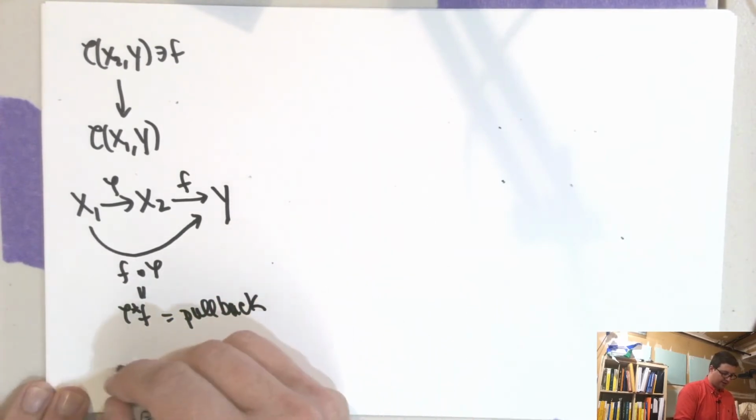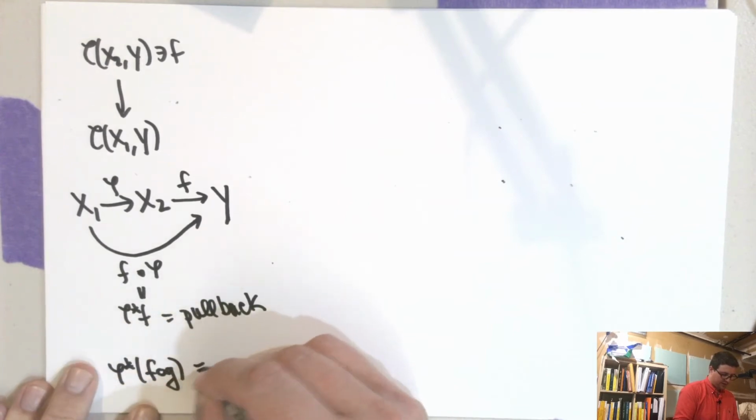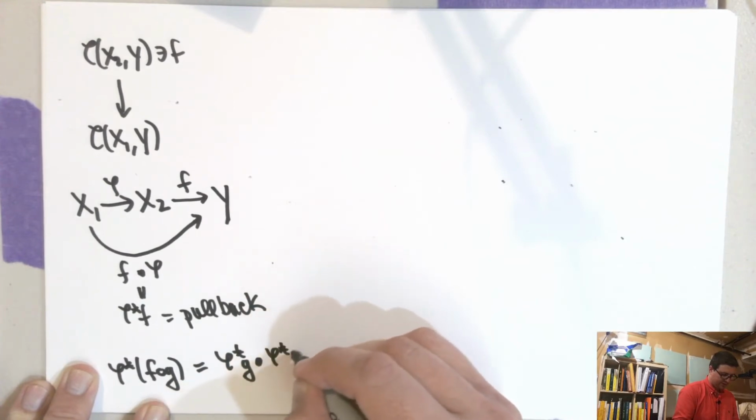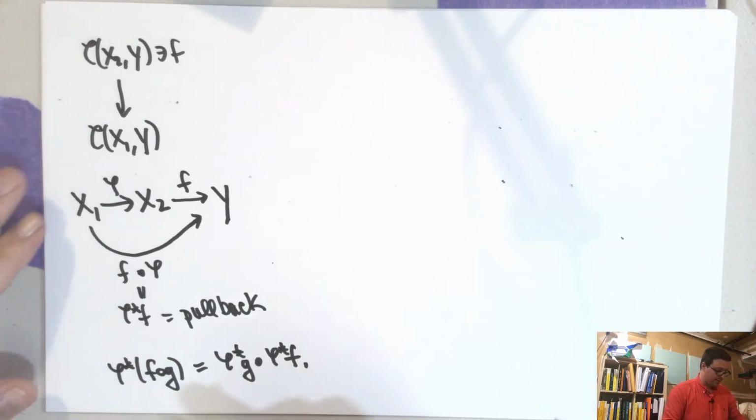You'll note that phi star of f composed with g is phi star of g composed with phi star of f. So that's like the contravariance. Wait, is that right? Let's see. No, I don't think this makes sense.